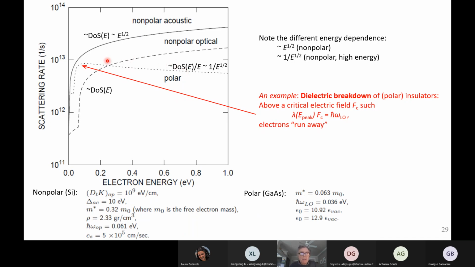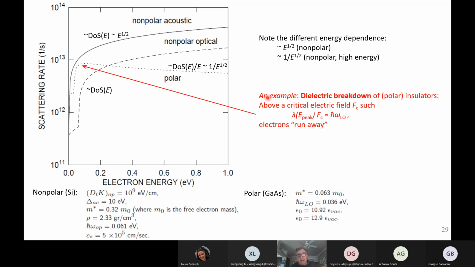Some effects may come in, although we said that the nonpolar interaction is weaker in some materials, like aluminum oxide, for example. Still, at some point, the density of states may increase so much that acoustic phonon scattering may come in and intercept the polar scattering rate. In this case, the electrons will be controlled by acoustic phonon scattering, which happens in some ways in silicon dioxide. But in other materials, this may never happen.